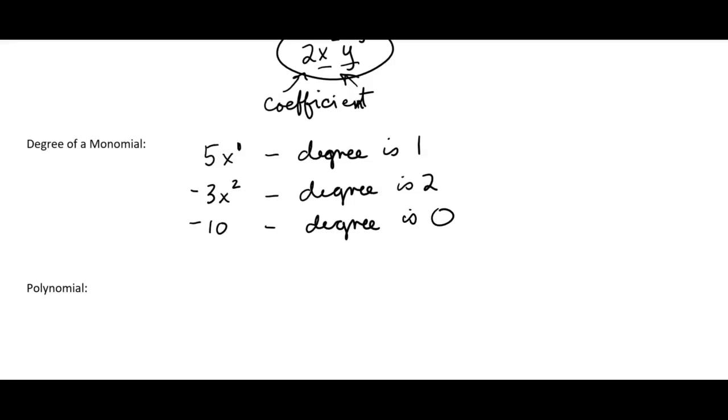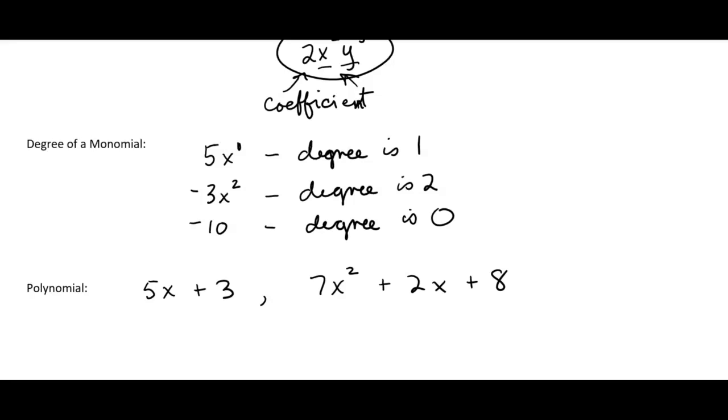All right. A polynomial is when we take more than one monomial and add or subtract them. So a polynomial could be something like 5x plus 3. That's an example of a polynomial. You could have 7x squared plus 2x plus 8. That would be an example of a polynomial.